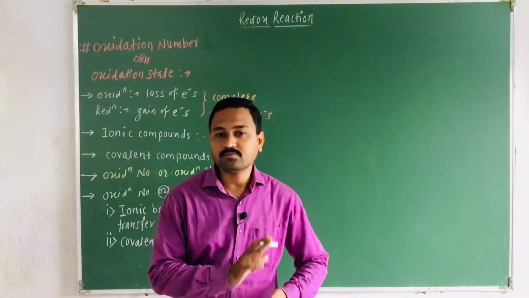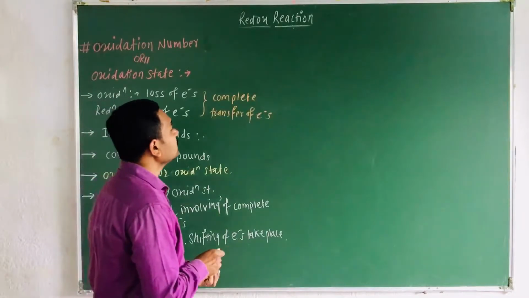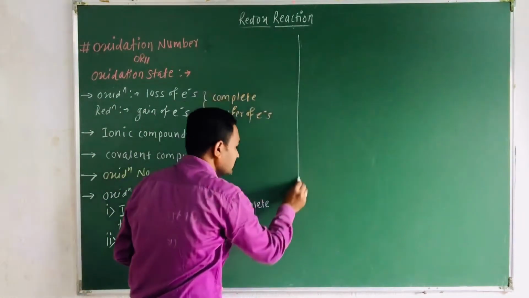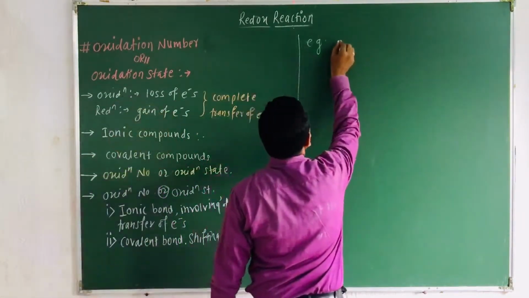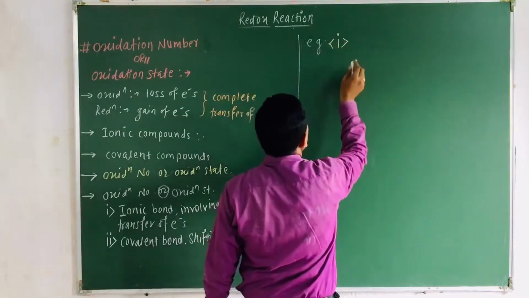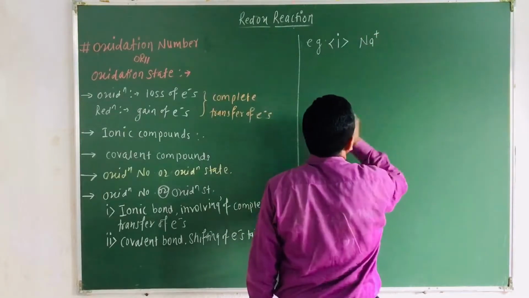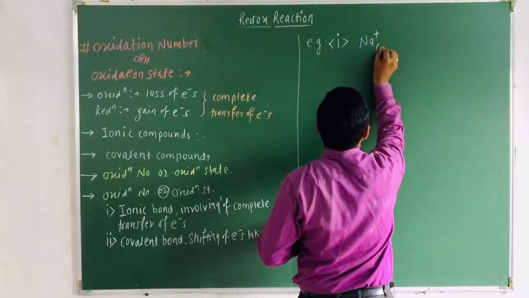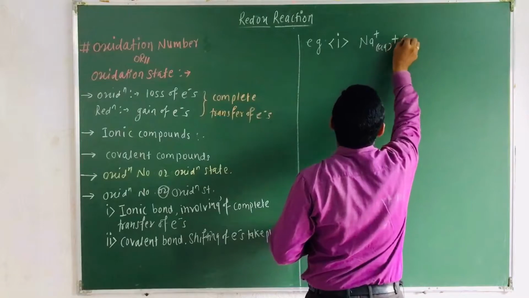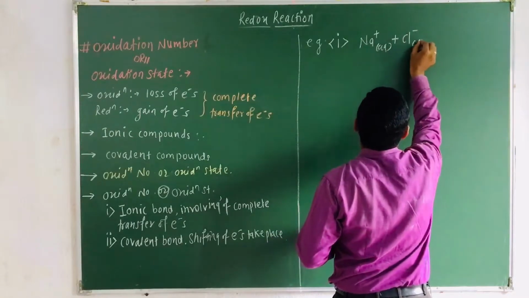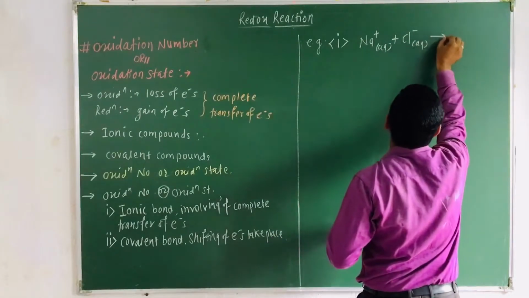Keep it in your mind while we consider a few examples. The first example is the formation of sodium chloride: Na+ ion plus Cl- ion gives NaCl.